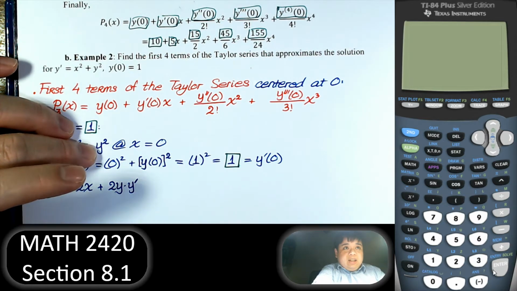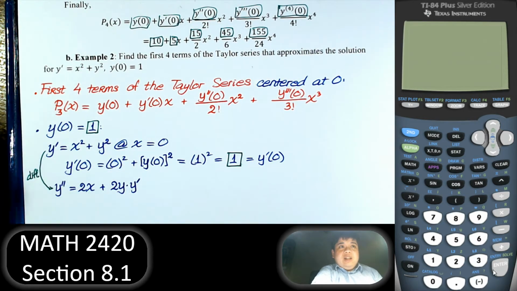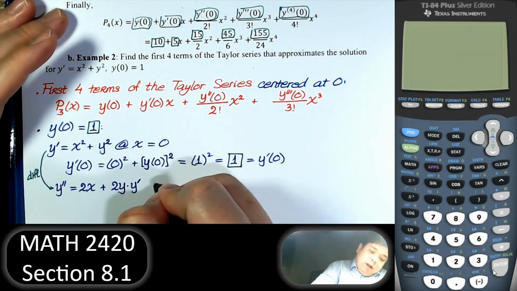Now y has x in it, so we have to write it like this, which is the chain rule. Now we evaluate at x equal to 0.